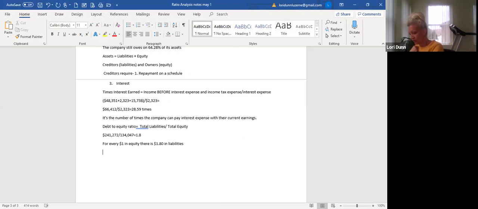So the industry, for every dollar in equity, only has 60 cents in liabilities. So they finance more of their company with equity, and we said why that's good compared to debt. Here it's opposite. $1.80 in liabilities, $1 in equity. So they're in a weaker position when it comes to solvency because of that high rate of liability.